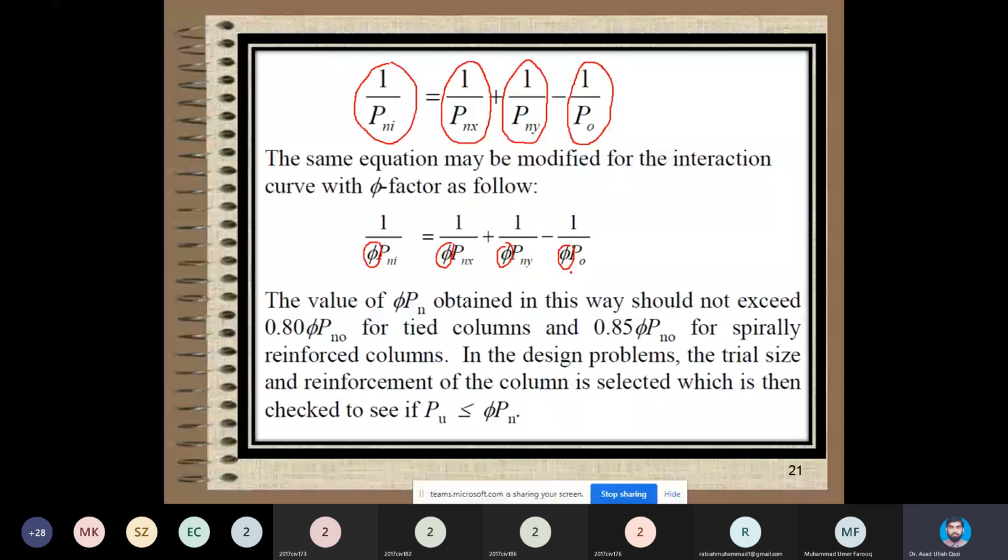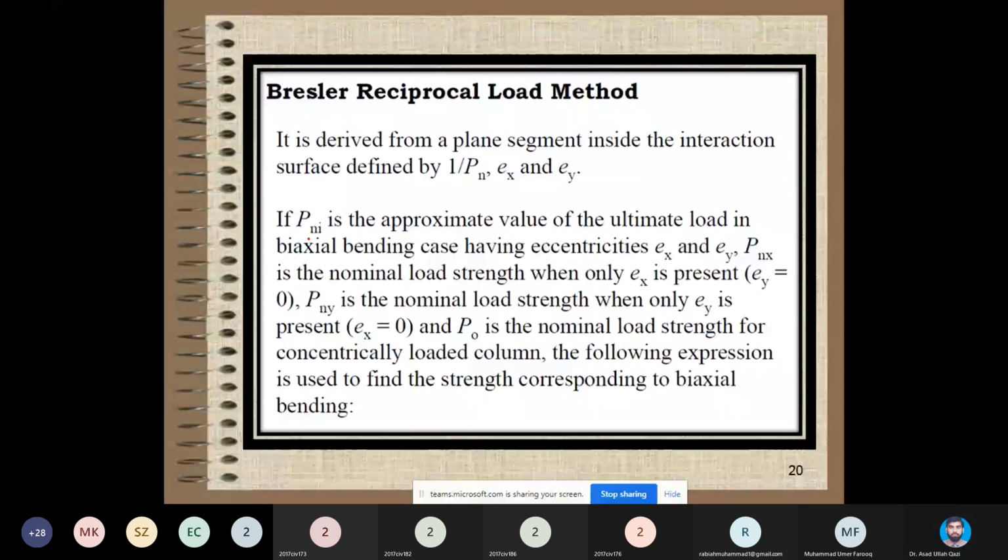It is explained as: Pni, which was on the left hand side, is the approximate value of the ultimate load in biaxial bending, having eccentricities both present, Ex and Ey.